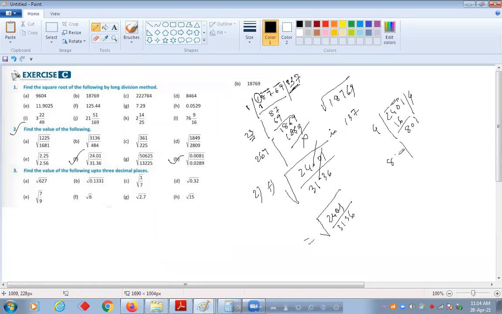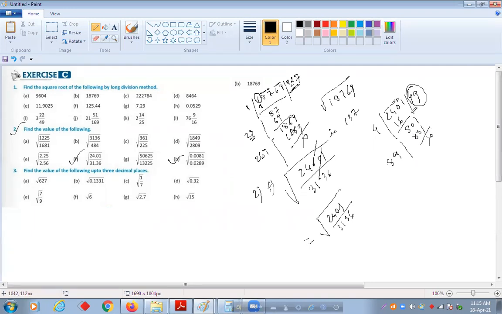If we write 9, 9 nines are 81, 8 in hand, 8 nines are 72, and 8 is 80. That means it will give you 801, exactly our number. So we write 9801.